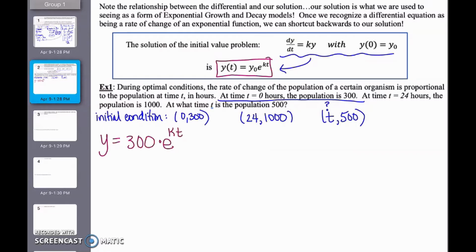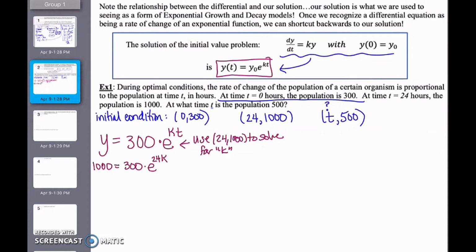We can use the other ordered pair they gave us, that at time t equals 24 hours, the population is 1,000, to solve for k. So we plug in 24 for t and 1,000 for y, and we get 1,000 is equal to 300 times e to the 24k.